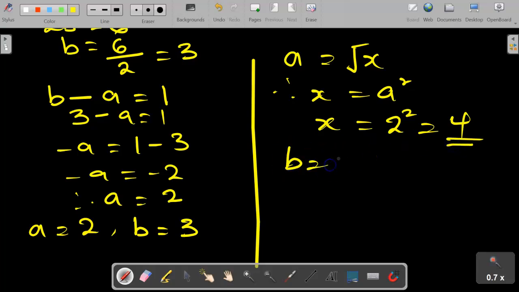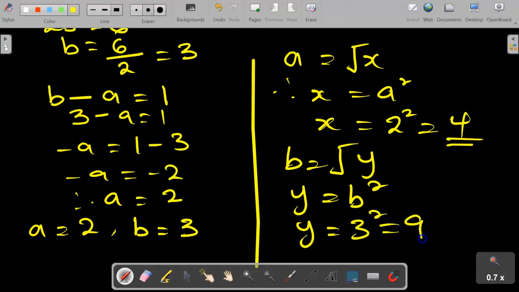Then b is equal to root y. So y is now b squared. So y will now be 3 squared, which is 9. So I've gotten 4 and 9 as the values of x and y respectively.